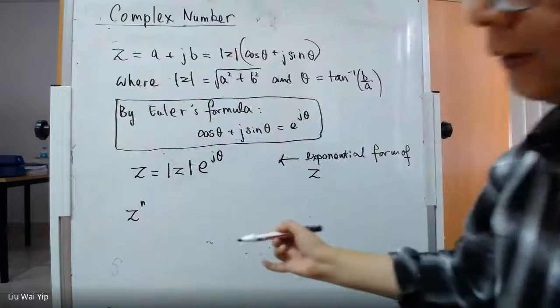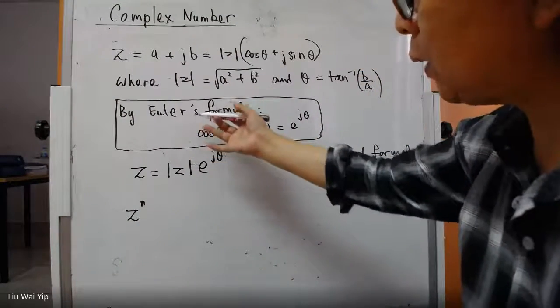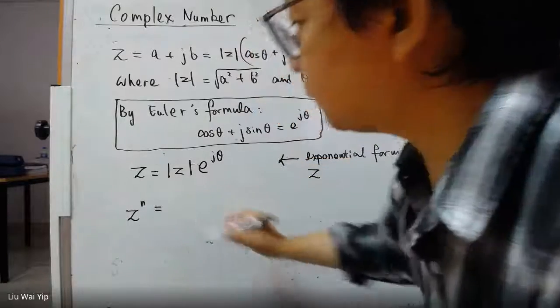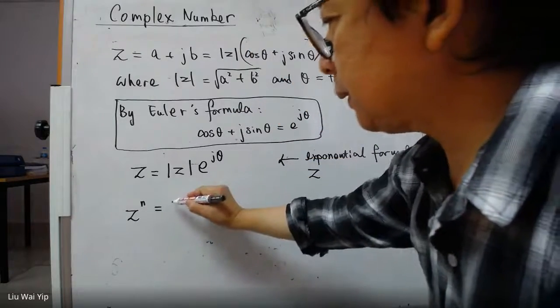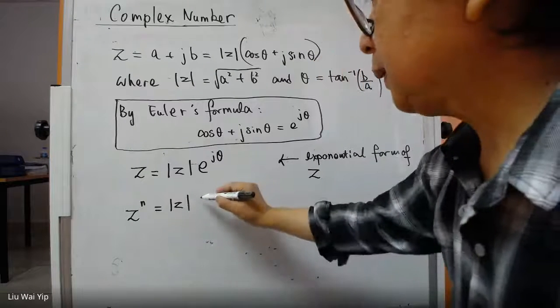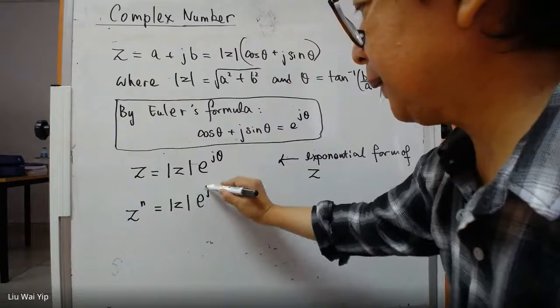What is this? Because you learned our formula before, this is not going to be difficult. So it will be Z, and then e to the j theta, in brackets.